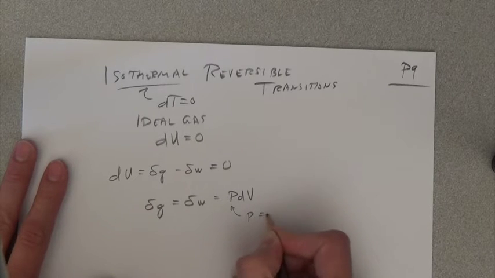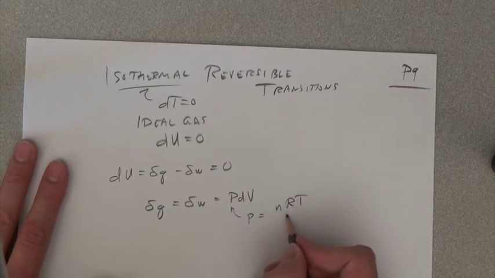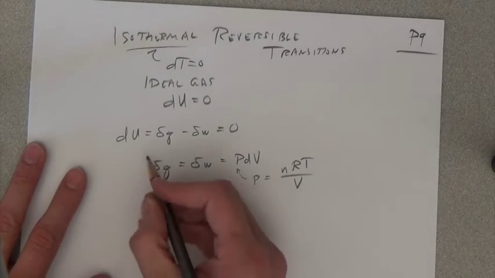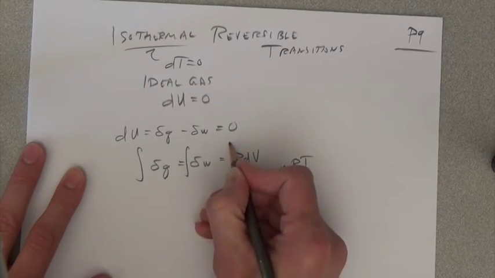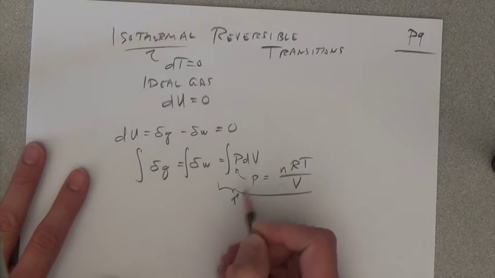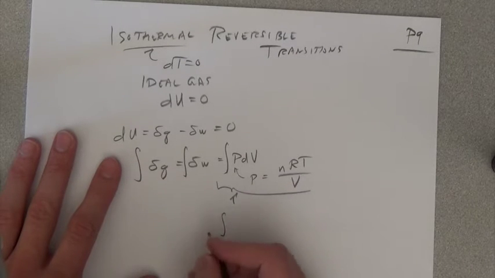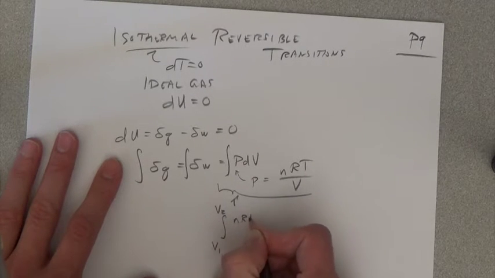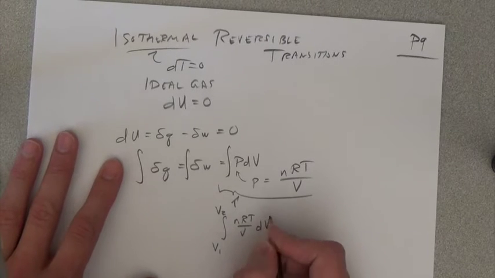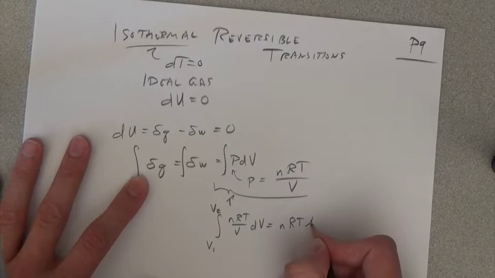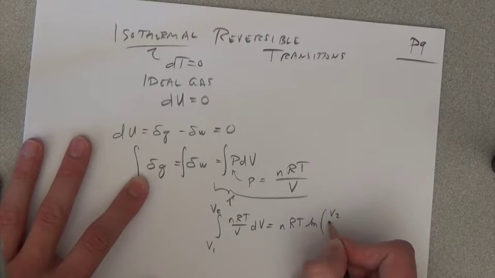Putting in here P is equal to nRT over V, and then integrating, we're going to get this expression to be the integral from volume 1 to volume 2, state 1 to state 2, of nRT over V dV, which is equal to nRT natural log V2 over V1.